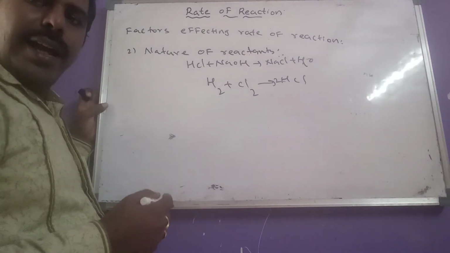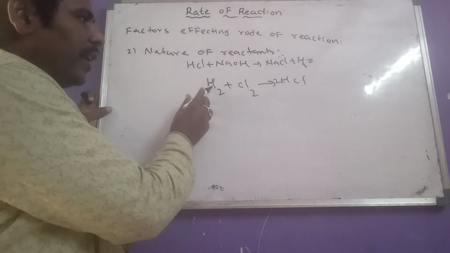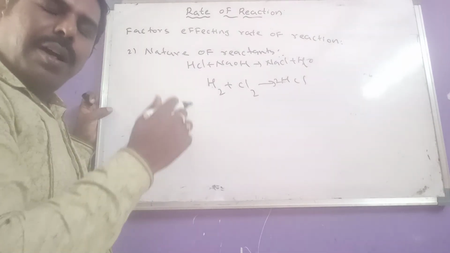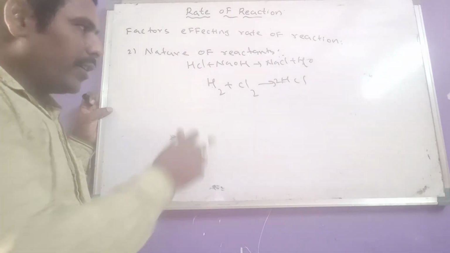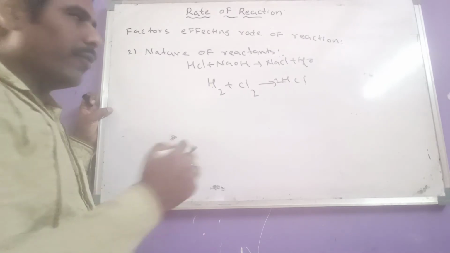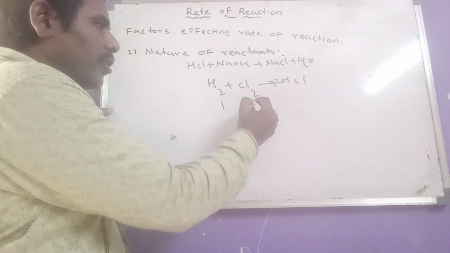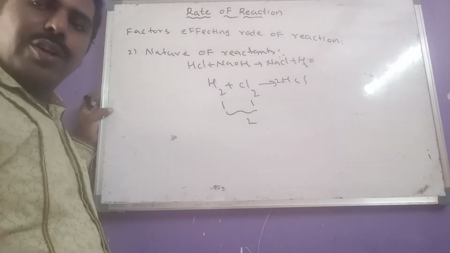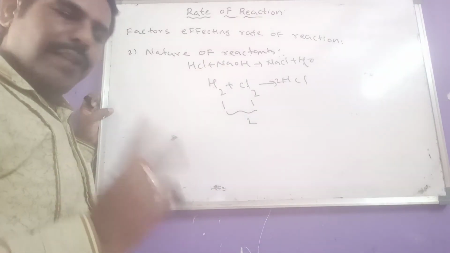For this reaction to occur, one bond present between the two hydrogen atoms in the H2 molecule is to be cleaved. Here in Cl2 also one bond. So in total, two bonds are to be cleaved.